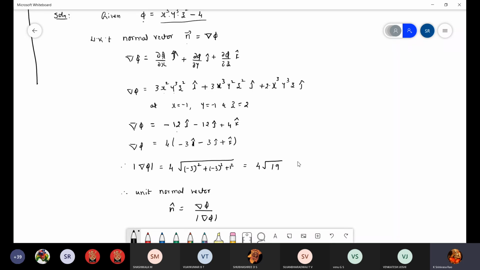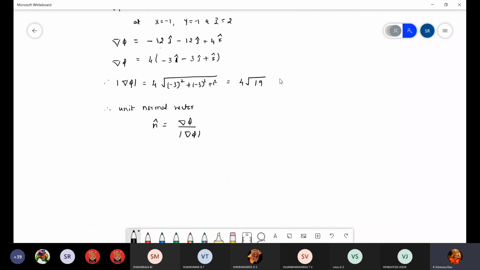Substituting, grad phi is 4 times minus 3 i cap minus 3 j cap plus k cap, divided by the magnitude 4 square root 19. If you do not take 4 common, it becomes a big number, 12 squared and 4 squared. After that you can also take common and cancel. So the 4 and 4 get cancelled.